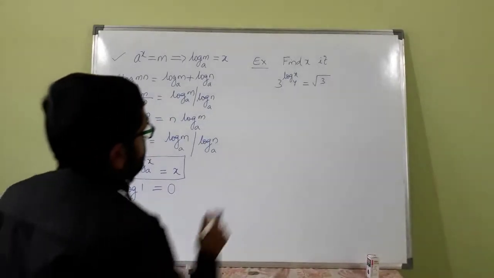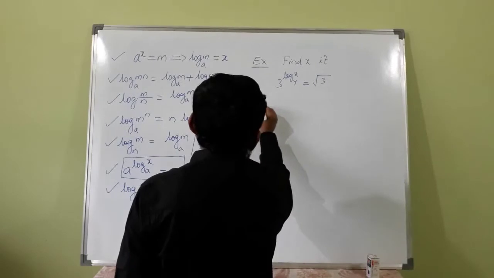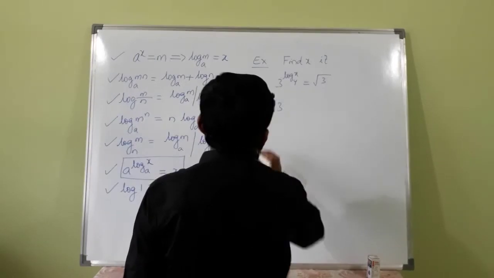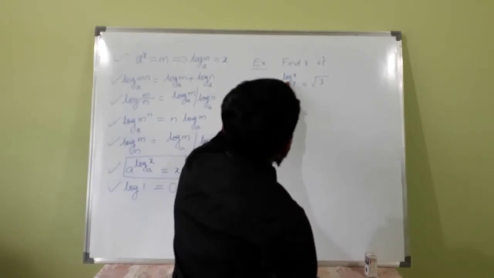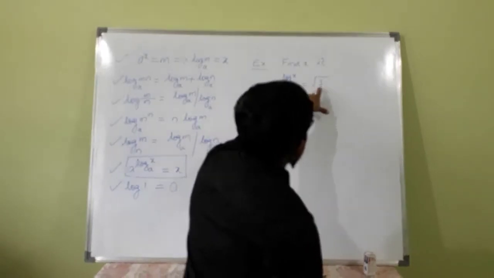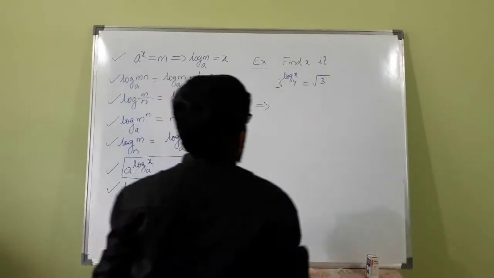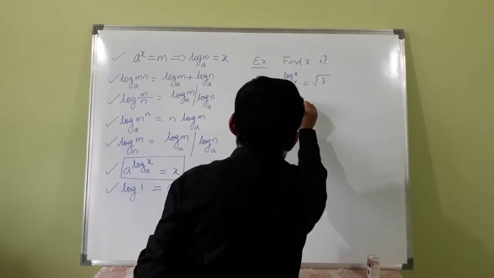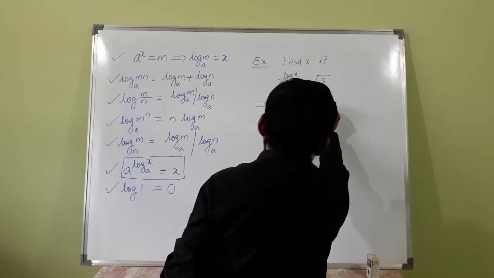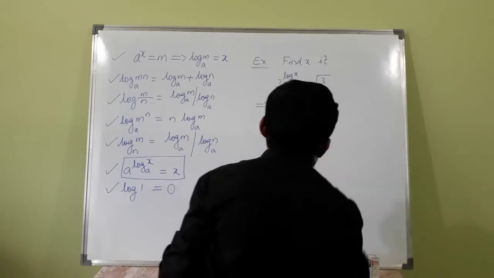See, this implies 3 to the power log x to the base y is equal to 3 to the power half.